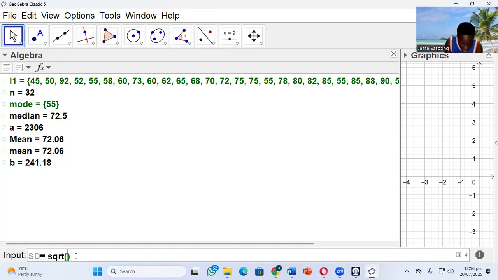Then we input the B here. So this is the standard deviation of it.